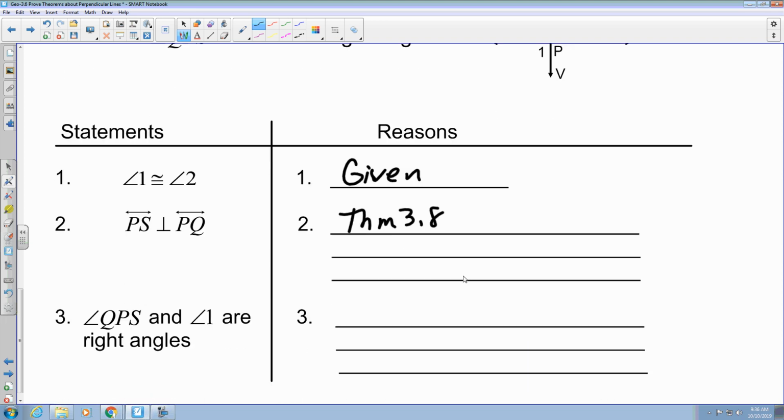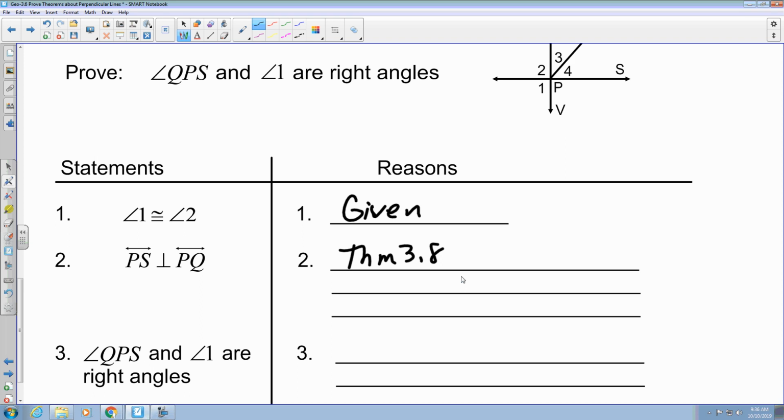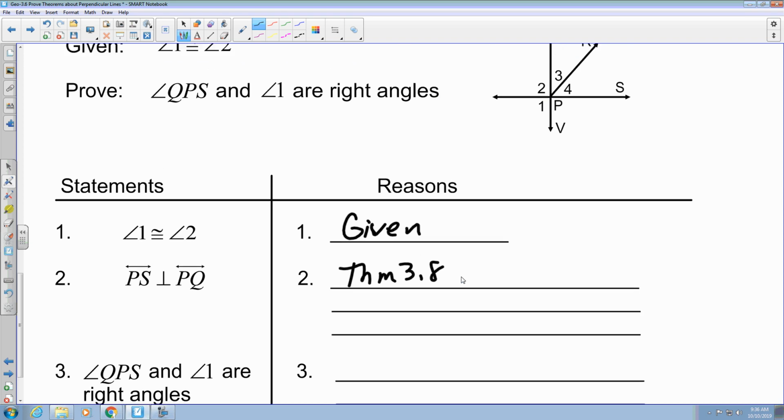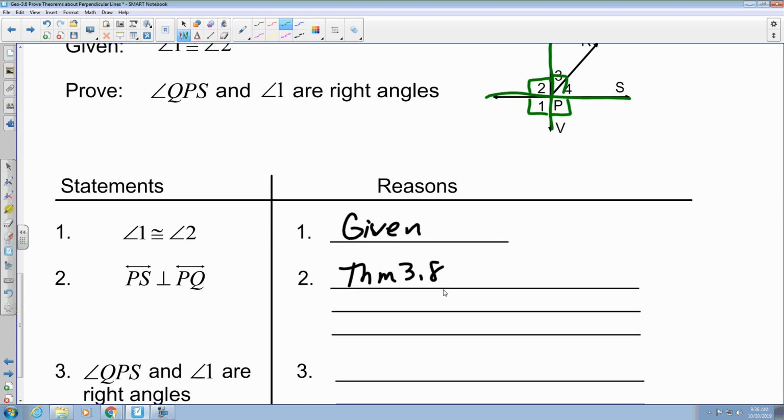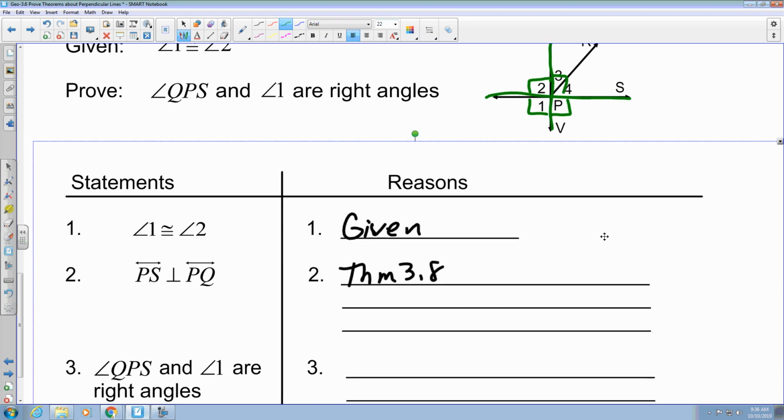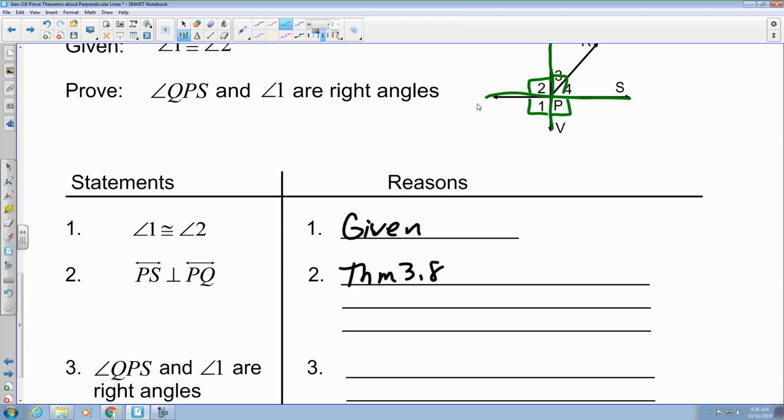And then the third statement is the proof. So now they're saying, okay, now we know that this line is perpendicular to this line. We can also say that this is here, and this is here. We can also say that all four of those angles are right angles.